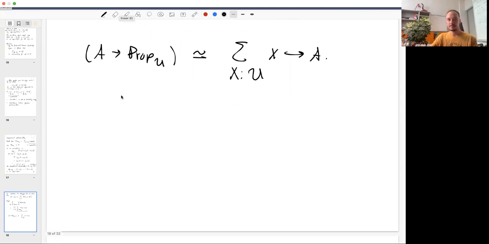Let's make a theorem. This is something that comes back over and over again if you live in a univalent world.